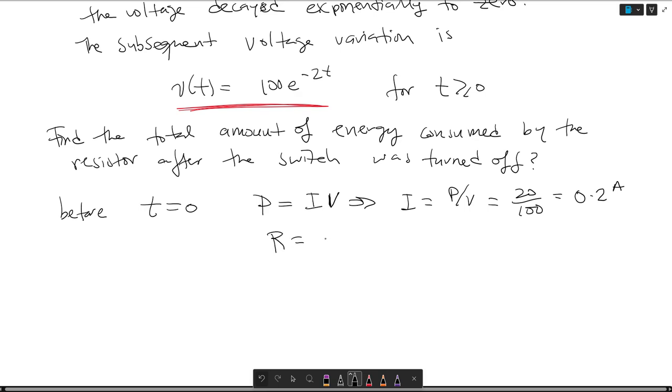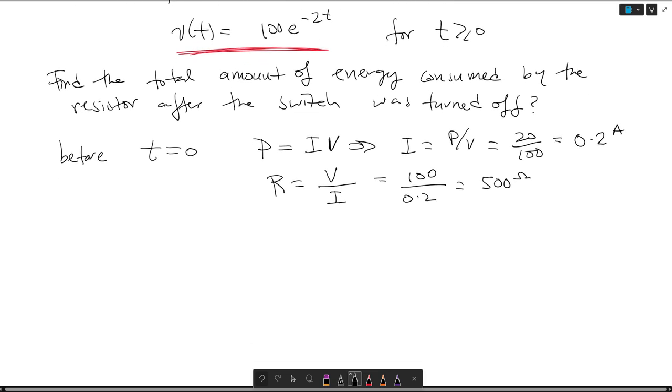And the resistor that is pulling this 0.2 amps is R equals V over I, which is equal to 100 over 0.2. So it's a 500 ohm resistor.